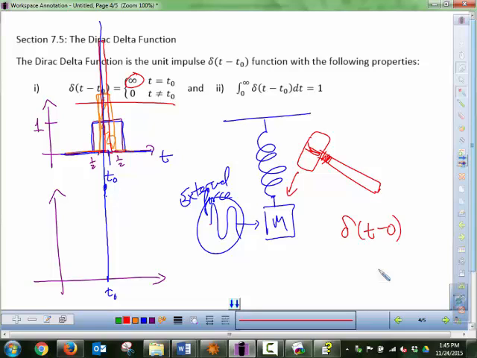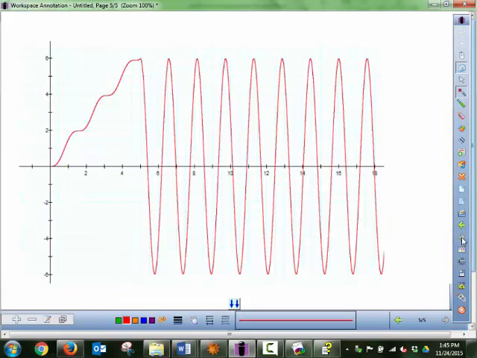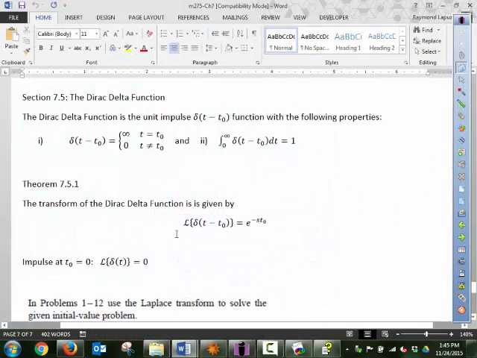I guess more importantly, in our context, we want to be able to do a Laplace transform for this. So we need the Laplace transform for the delta function. So the transform for the delta function is this.